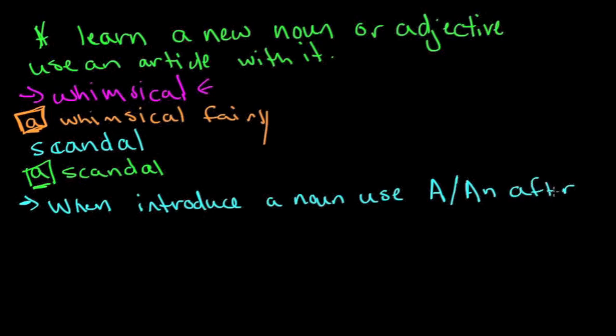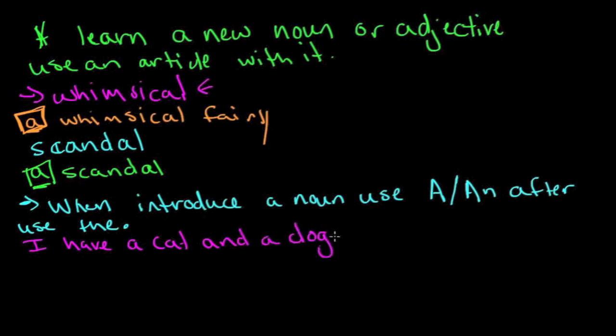After, use the. This is just kind of a quick tip. So let me give you an example. I say, I have a cat and a dog. So I've just introduced a cat and a dog.